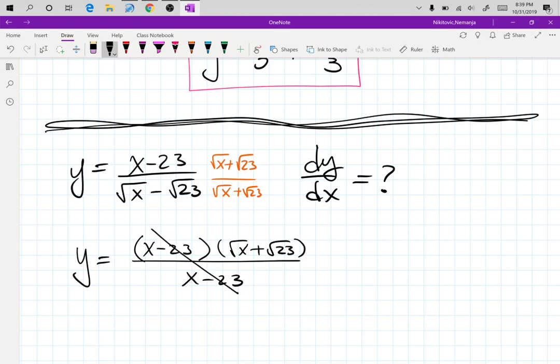And that cancels. So now dy/dx is derivative of square root of x is 1 over 2 root x. And derivative of root 23 is just 0 because it's a constant.